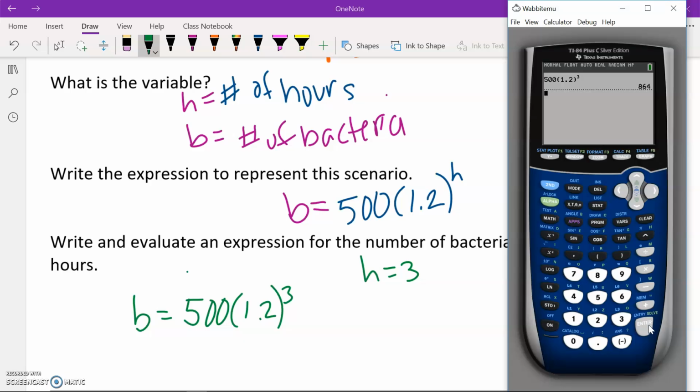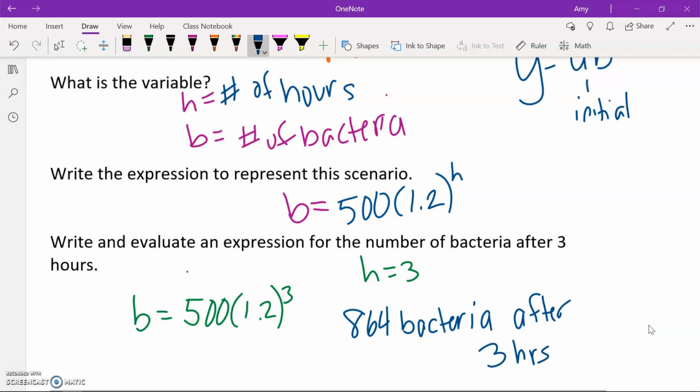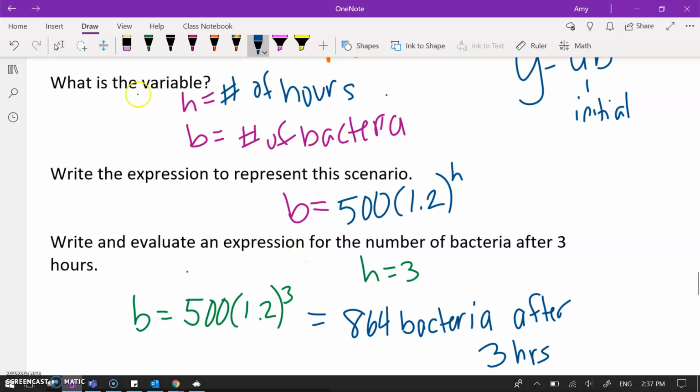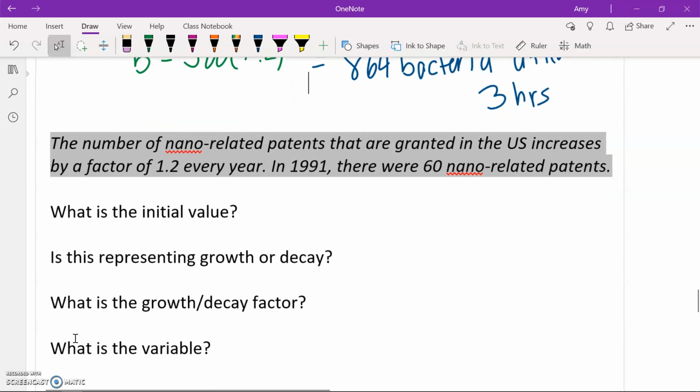And that tells us that we will have 864 bacteria after 3 hours. So here I wrote the expression, and I actually evaluated that expression for 3 hours. So let's try another example.